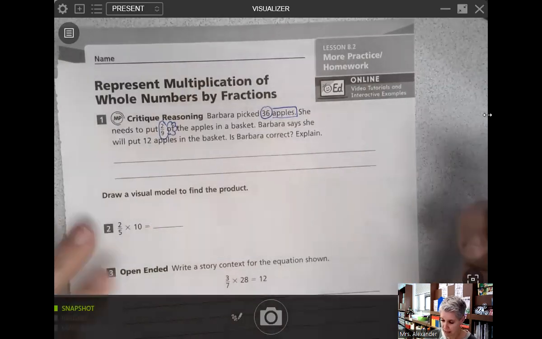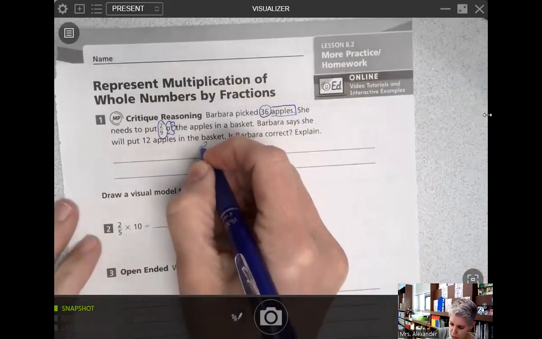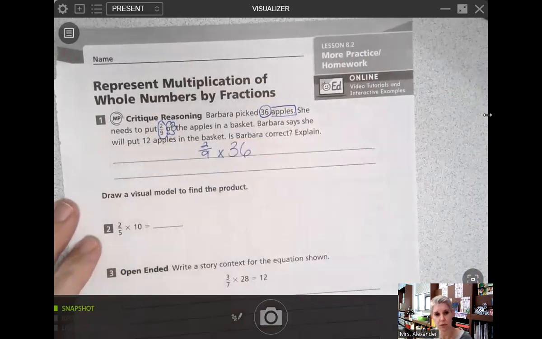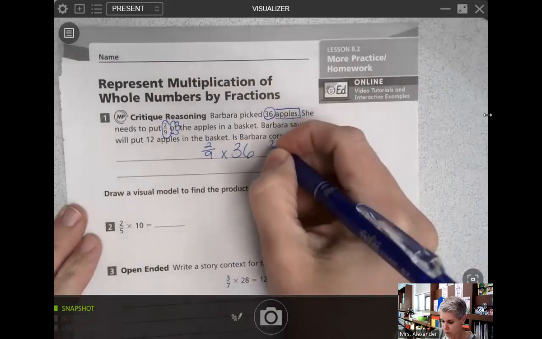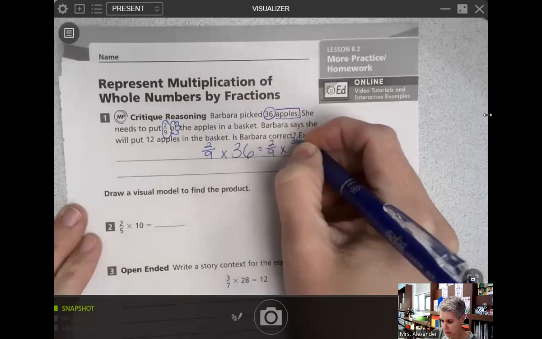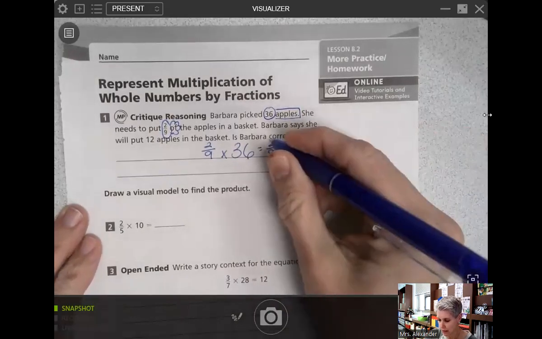I could draw a model of this. I think if I have 2/9 of 36 apples, I could do that work. And then I could do this equals 2/9 times 36. We know if it's a whole number, we put a 1 under it.